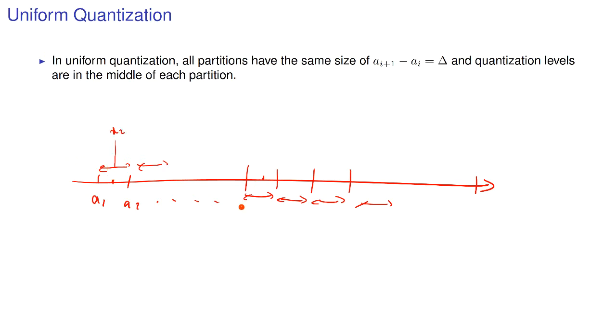And let's say this is N minus 1, and this is N minus 2, and so on. Then the next one is X3. So X2 is equal to (A2 plus A1) divided by 2. So it's at the midpoint of each partition.